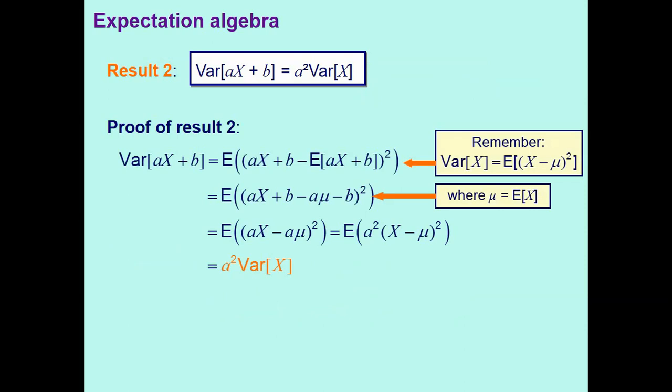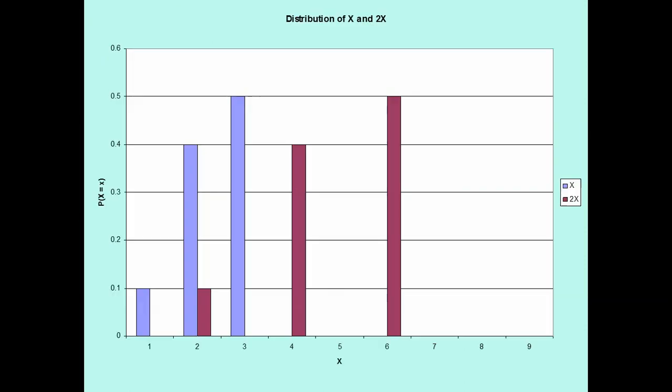Okay, so how do we use this? First we're going to have a look at a graphical image of what's been going on. This is the probability distribution that we started with at the start of this lesson. The probabilities of the possible values 1, 2 and 3 were 0.1, 0.4 and 0.5.